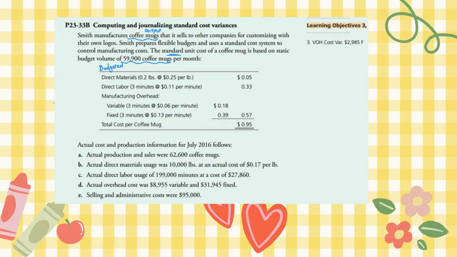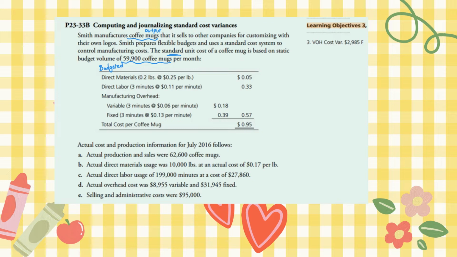This is the standard unit cost. For the direct labor, I'm going to use 3 minutes to make one mug, and the cost will be 11 cents per minute. If we multiply 3 with 11 cents, I get 33 cents per mug.